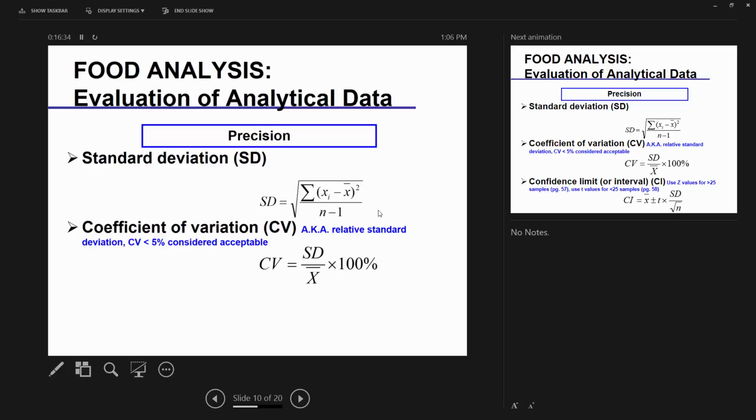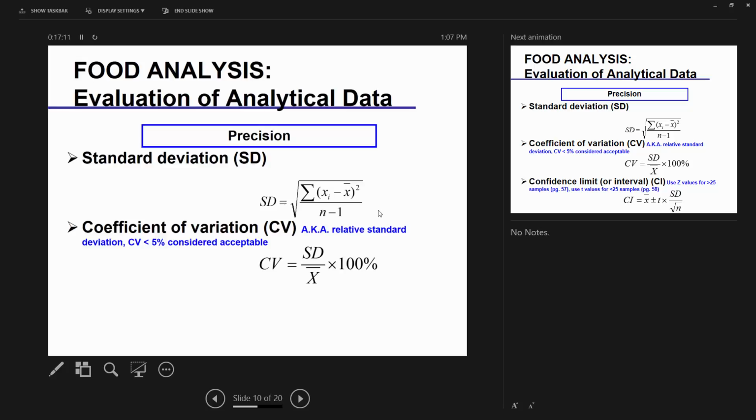So if your mean is 100 grams versus 1 gram, you are standardizing this difference by taking into account the mean. The rule of thumb is anything less than 5% coefficient of variation is really good. But sometimes your experiments have multiple steps, like 15, 20 different steps, very tedious. If you get less than 10% coefficient of variation it is still good, depending on the method that you are following.